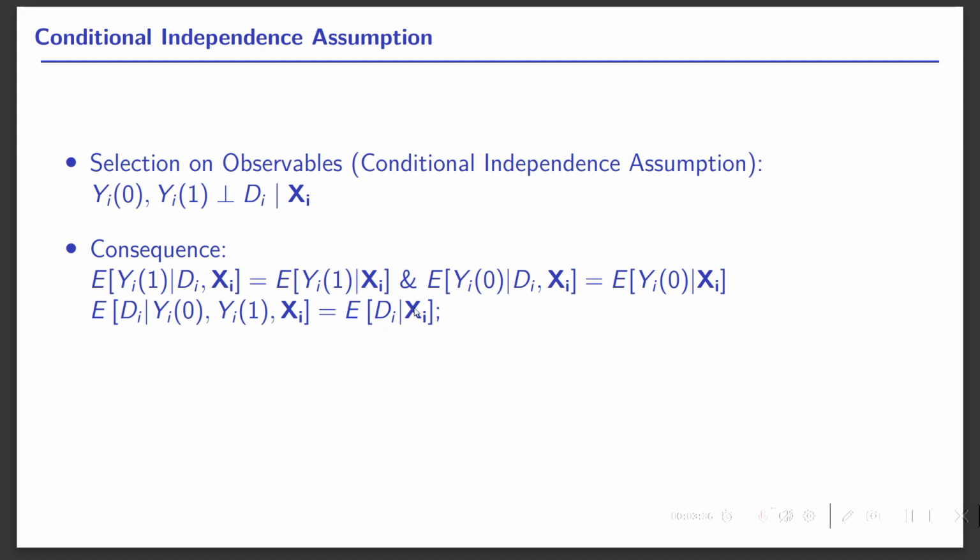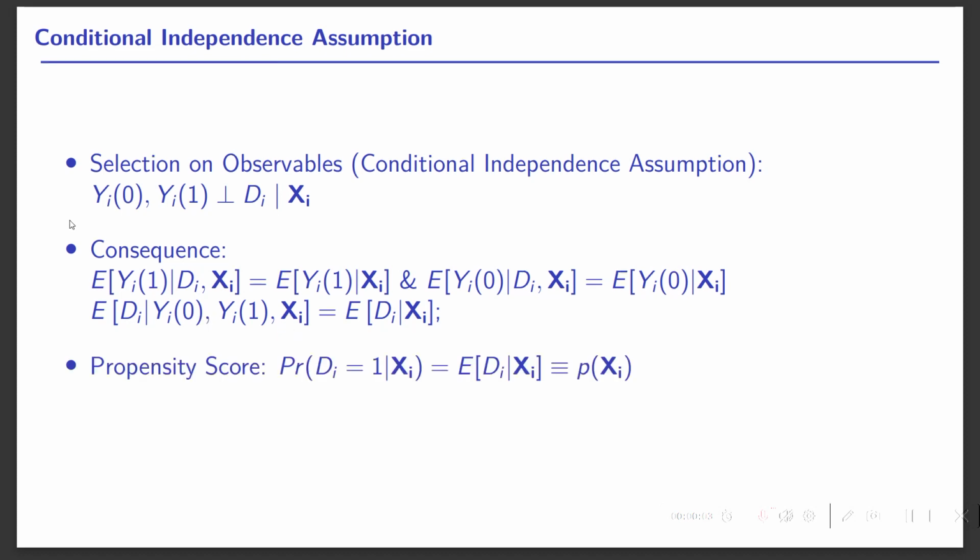We know their covariates, we don't know their potential outcomes. But, lucky us, the selection on observables assumption assures us that the potential outcomes actually don't matter as long as we observe the covariates. The propensity score is simply the conditional probability that somebody is treated.